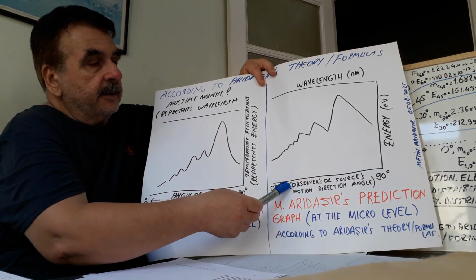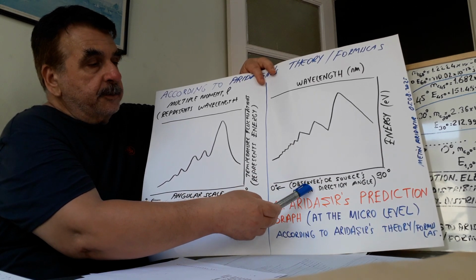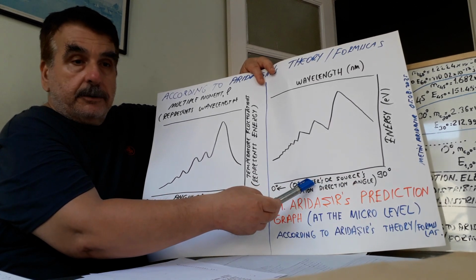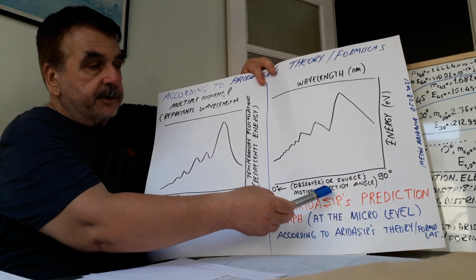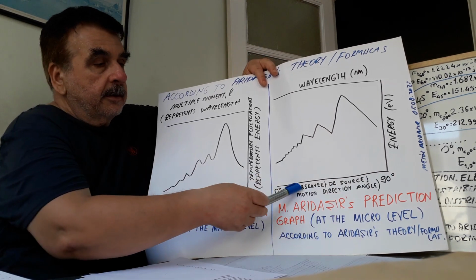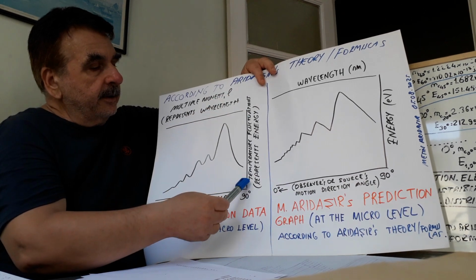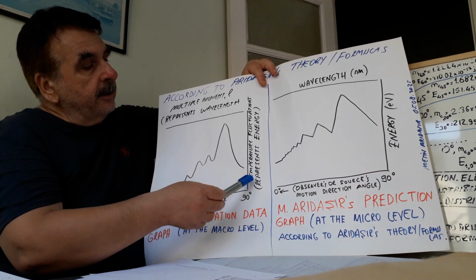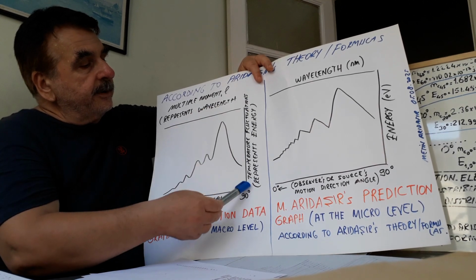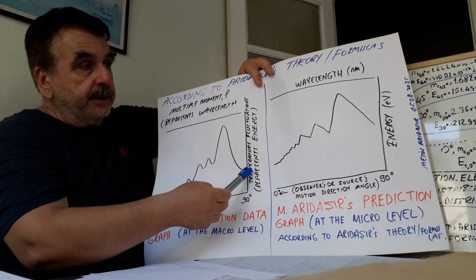This side, observer's or source's motion direction angle on my prediction. This side of the data, temperature fluctuations represent energy.